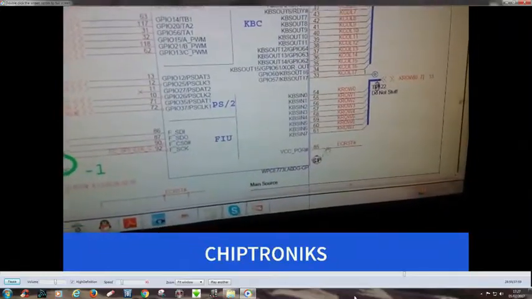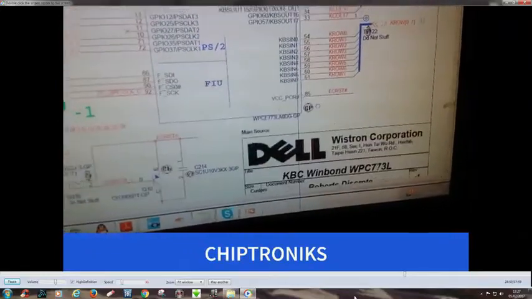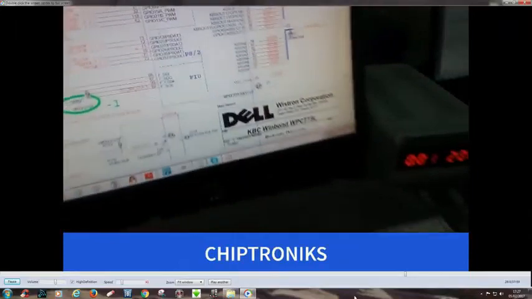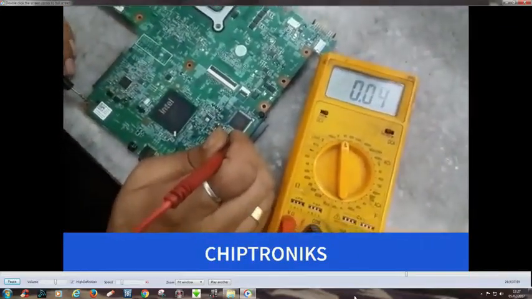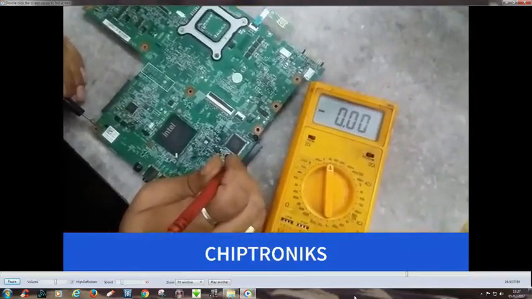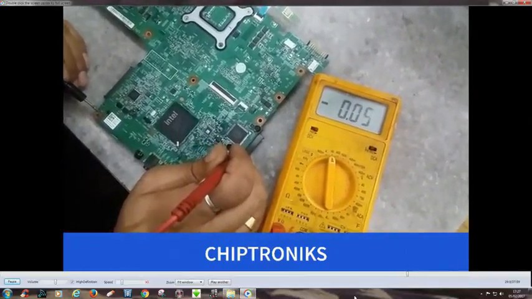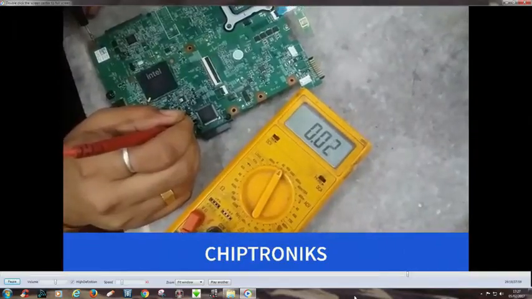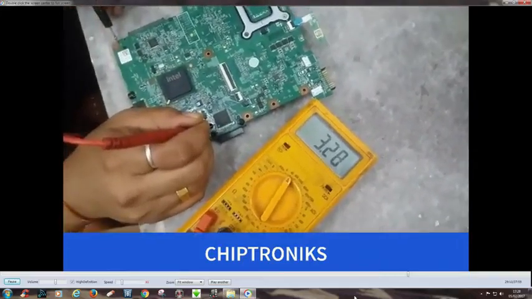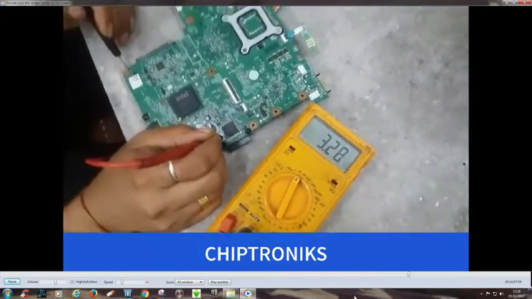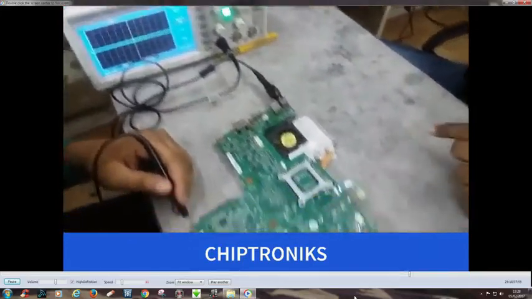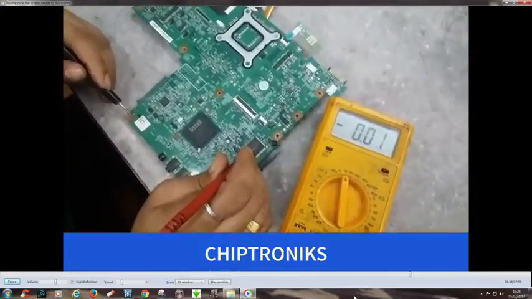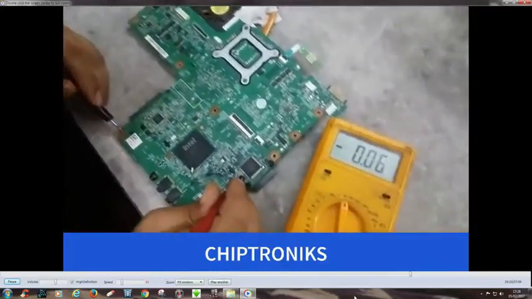Let's check on pin number 85. Pin number 85. You can see 3.3 volt. Our EC once again I will show you.